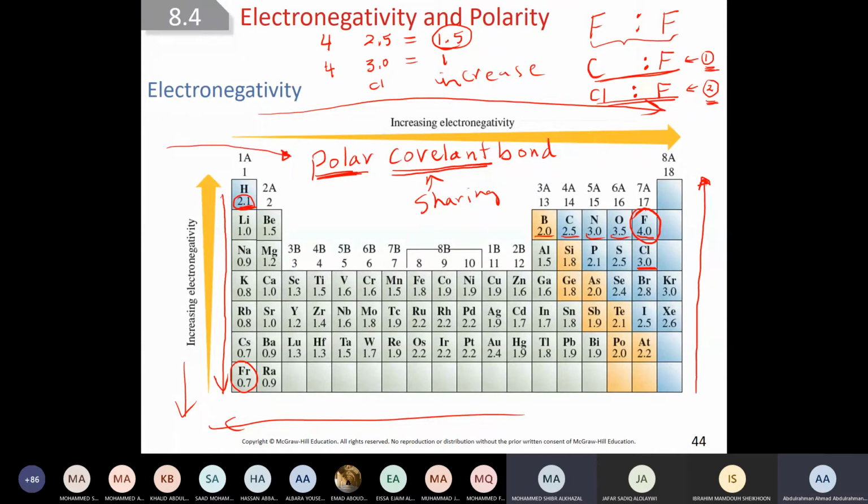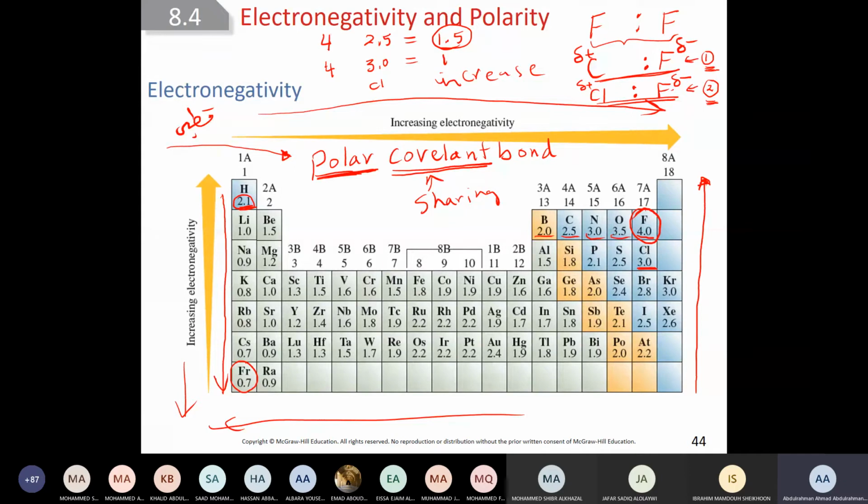Polar in Arabic is قطبي. It means there are poles, plus and minus, and that's why we call it polar, because the electrons are closer to fluorine. There will be a slight negative charge on fluorine and a slight positive charge on chlorine.